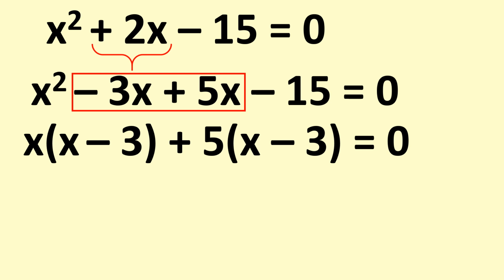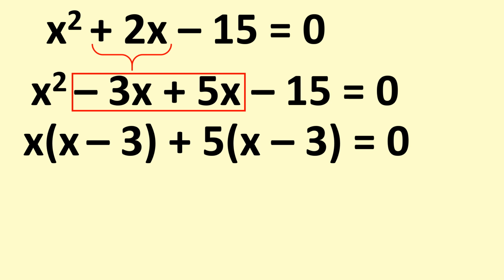Now we'll look at this line: x into x minus 3 plus 5 into x minus 3 equals 0. What is common to the terms before the plus sign and also the terms after the plus sign?